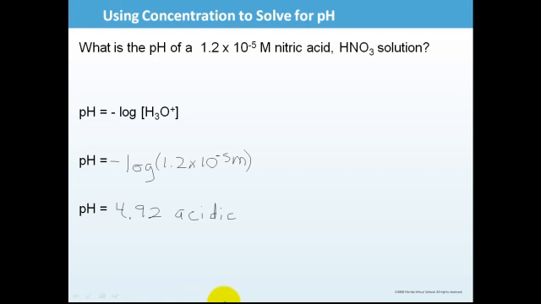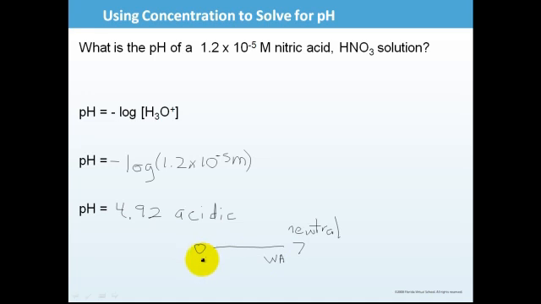Well, if we are closer to 7, since 7 is neutral, that would be considered a weaker acid. Okay, so on this end, as you get closer to 7, you would have a weaker acid.